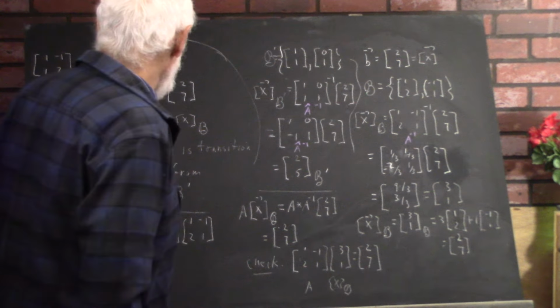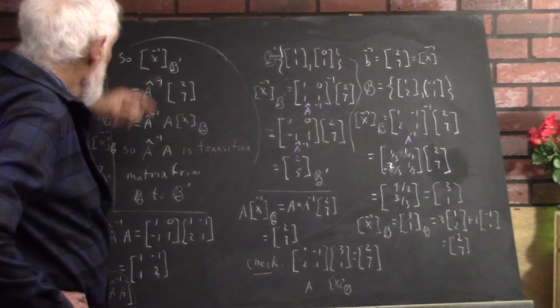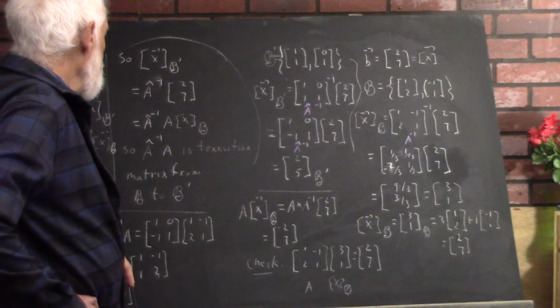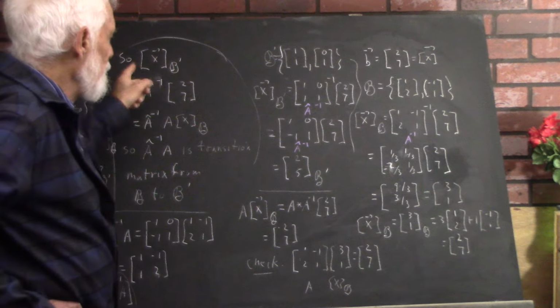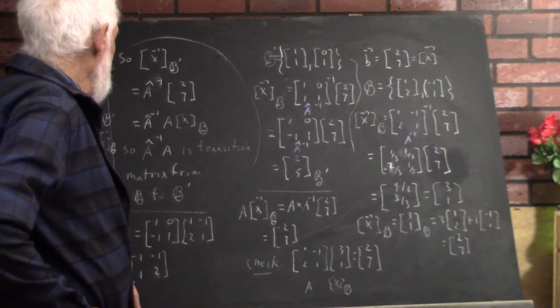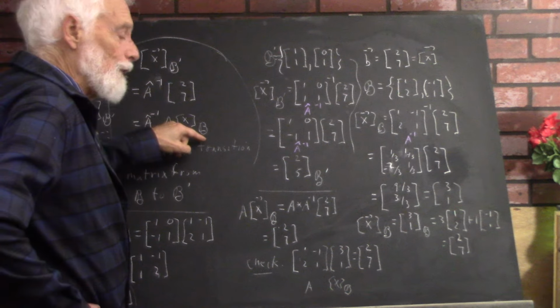So in any case, it follows that the representation of X with respect to B prime, which of course is A hat inverse times 2, 7, is just A hat inverse times A times XB.